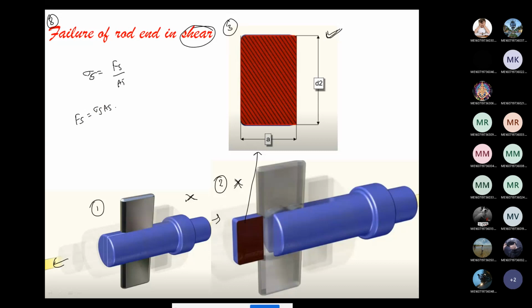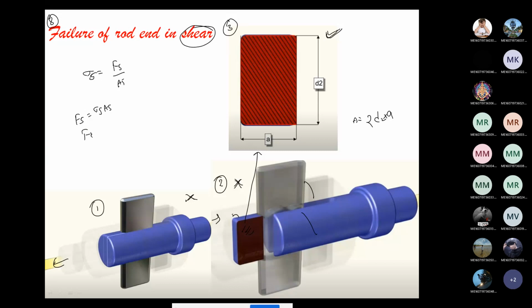What is the area here? Rectangle portion. The area is d2 into a, right? Now the failure area we can find on this side and on this side also, one surface and behind it another surface. Two failure areas are appearing, so for that reason I multiply by 2.